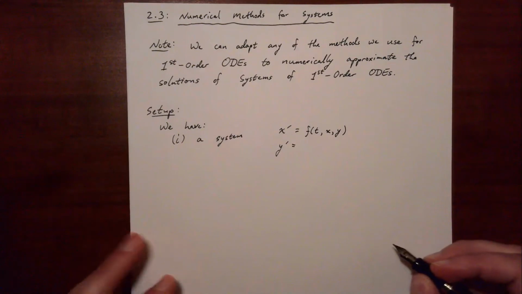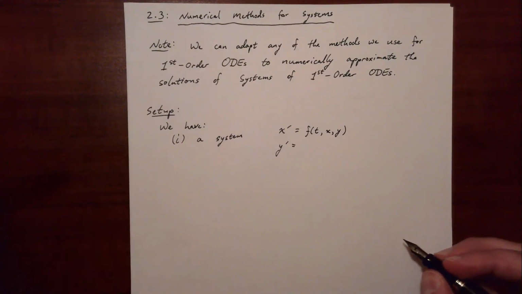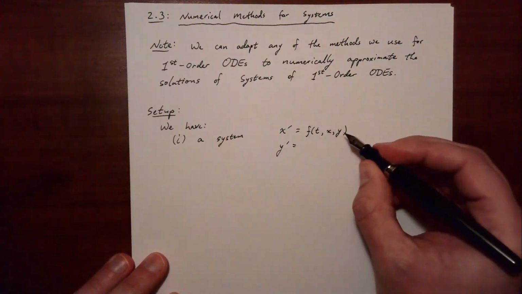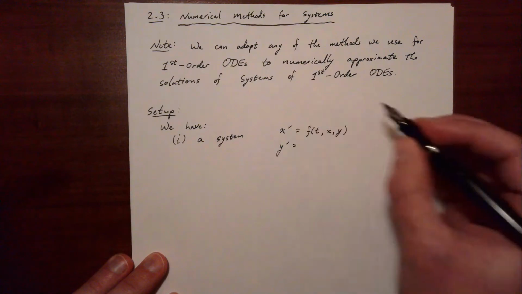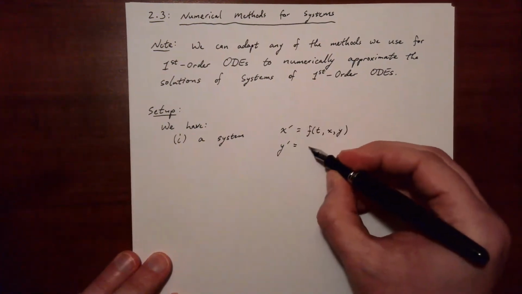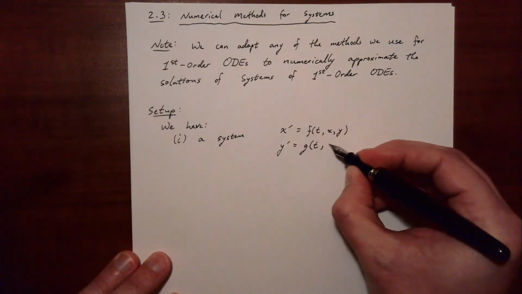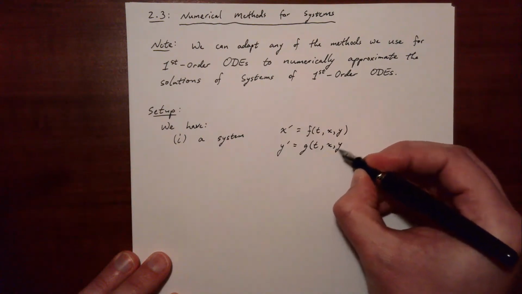So we're just basically indicating what each of these is going to depend on. So it does not depend on any extra derivatives or anything like that. This is first order, so the highest derivative we see is just going to be the first derivative. And then the same thing goes for y, and we'll just call that g of t and x and y.